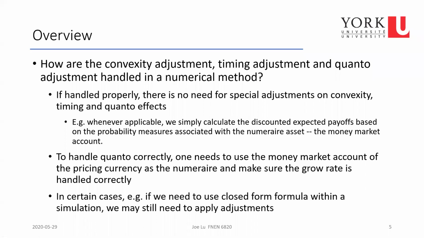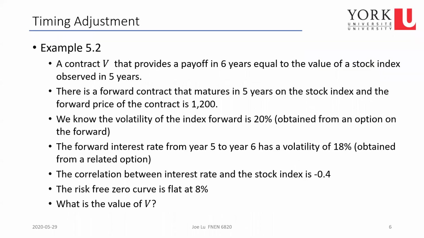To look at the situation when we need to do an adjustment and when we don't need to do an adjustment, let's illustrate that with an example. Recall in one of the examples we had before, where we need to calculate the price of a contract V that provides a payoff in year 6, which equals the value of the stock index observed in year 5.